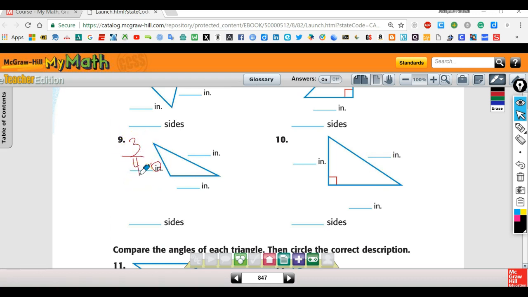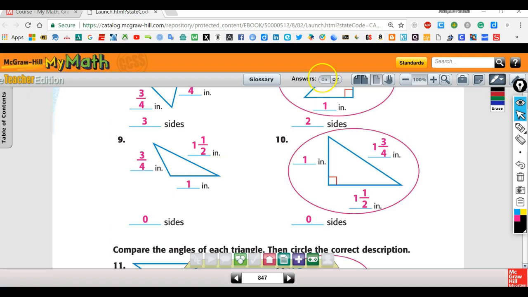Okay. And then the bottom one is 1. And then what did we say the long one was? 1.5. Okay. So 3/4, 1.5, 1, and then 10. I should have 1 3/4, 1.5, and 1. And both 8 and 10 are right angles. How do I know that? There's a little square in the corner.